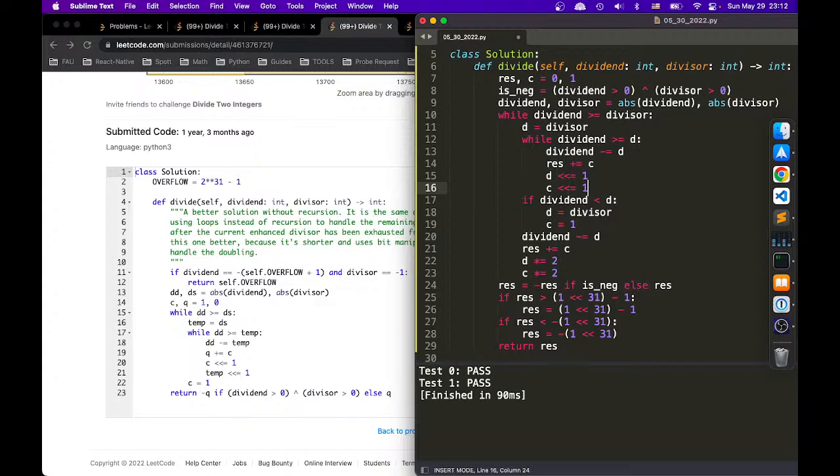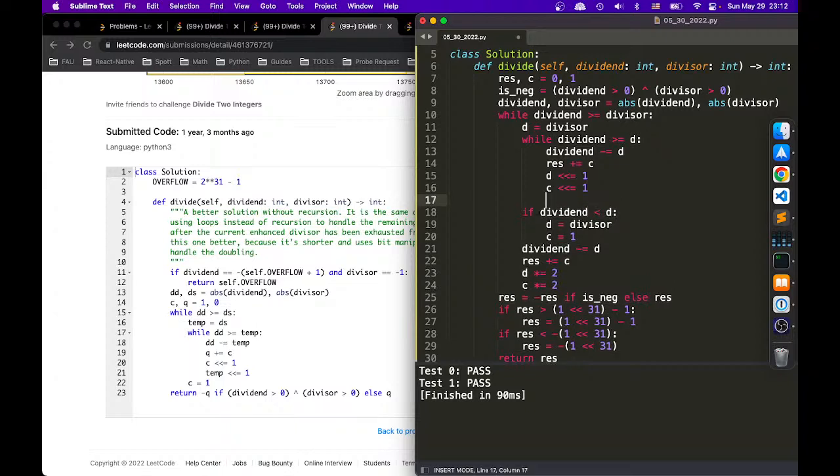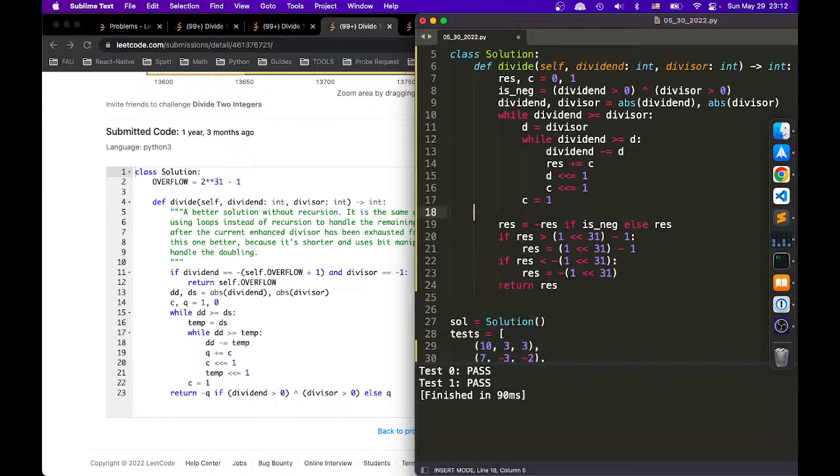So we just keep going until we hit a time dividend cannot take d away. And when that happens, we revert c to 1, and d becomes divisor as well. So this will become exactly the same solution.